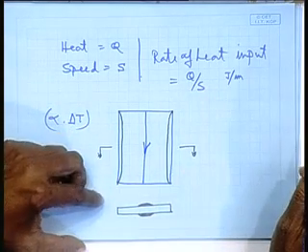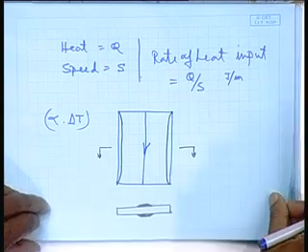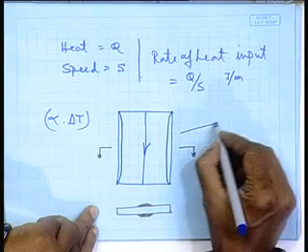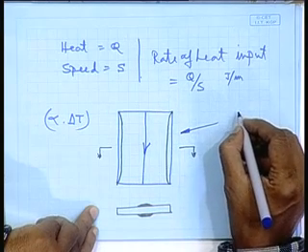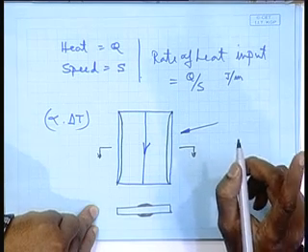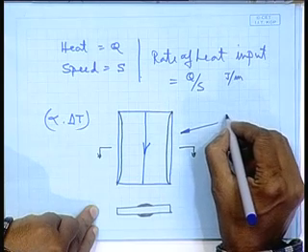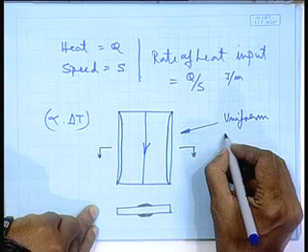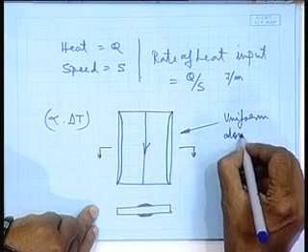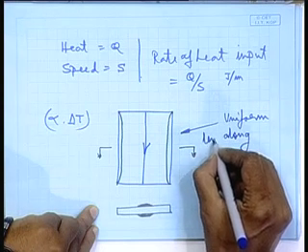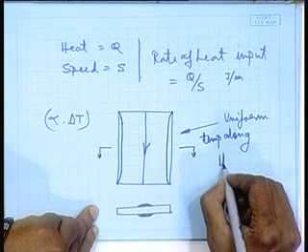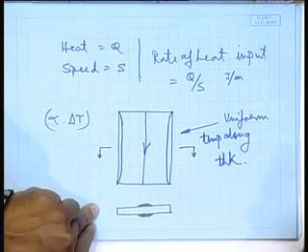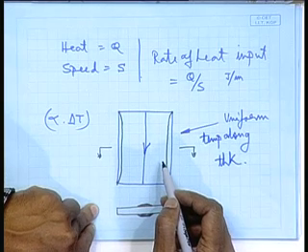That is why I have drawn it like this. Well, this will be the case when there is a uniform temperature along the thickness. That means there is no temperature gradient; only then will this situation take place.